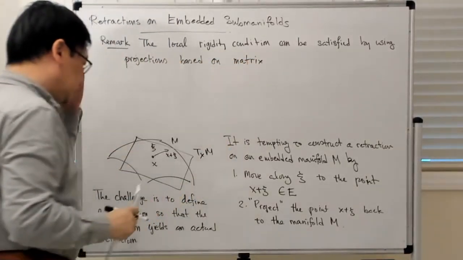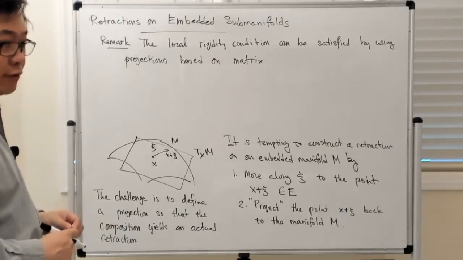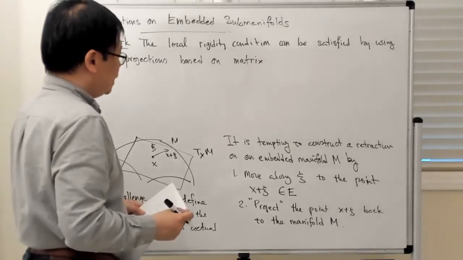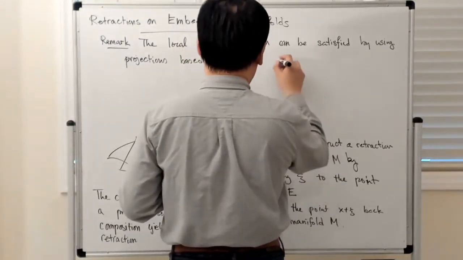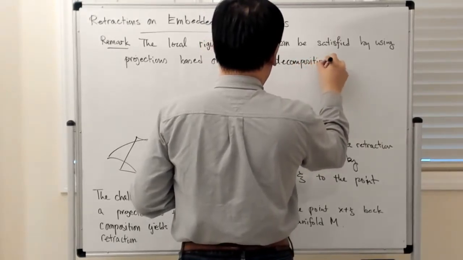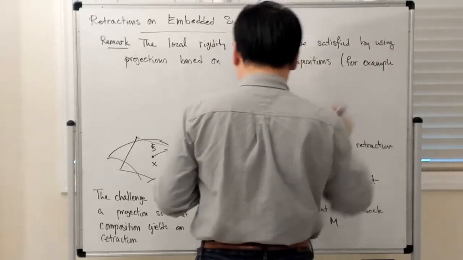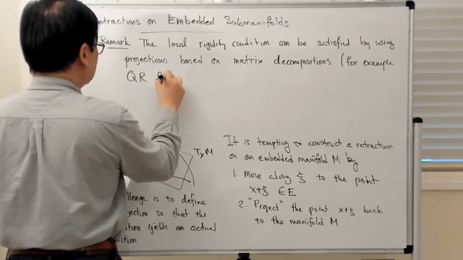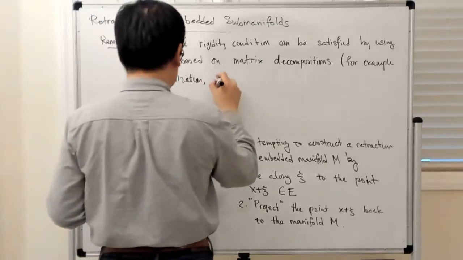For the purposes of this class, we're primarily focusing on matrix manifolds. In many cases, there are various types of matrix decompositions which one can take advantage of, for example QR factorization and polar decompositions.